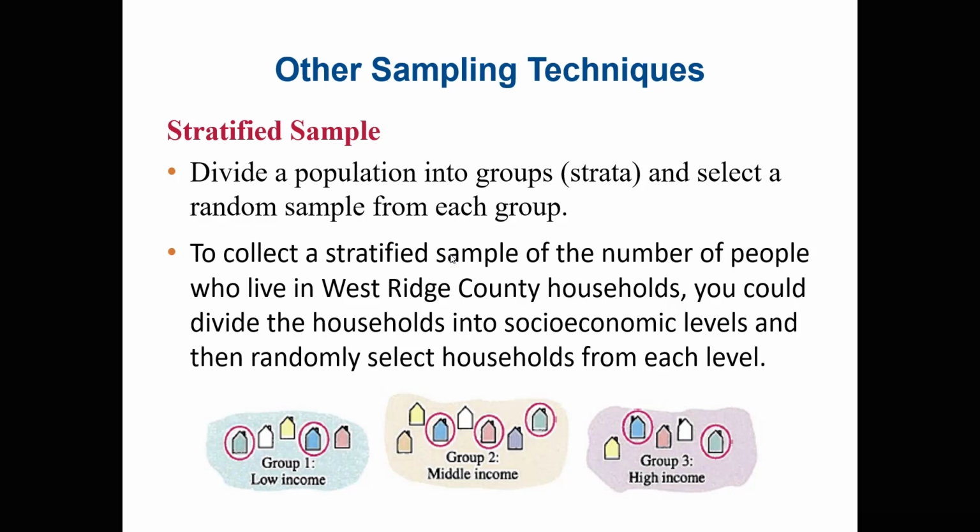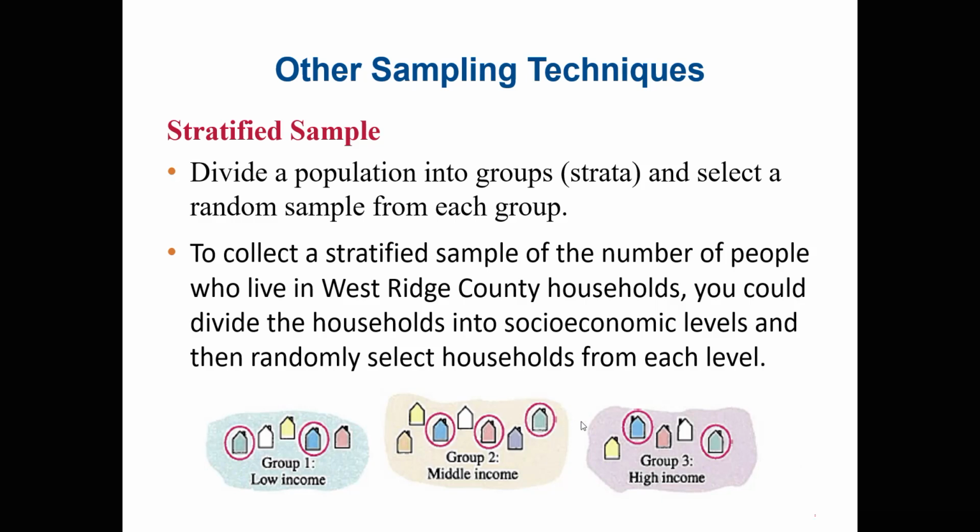So to collect a stratified sample of the number of people who live in Westridge County households, you could divide the households into socioeconomic levels and then randomly select households from each level. Why do they do that? To make sure that every income level is represented, to give every income level the same chance of being part of the sample.